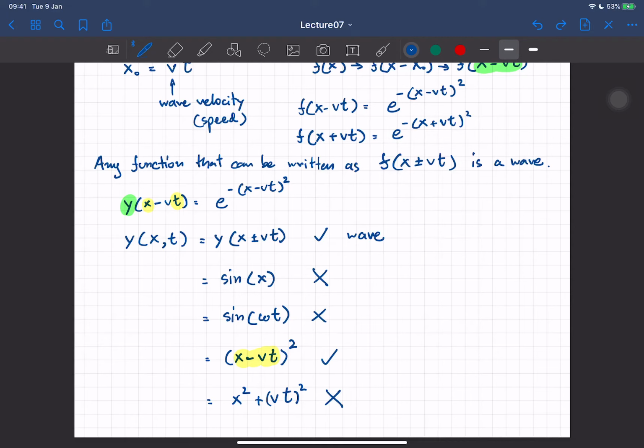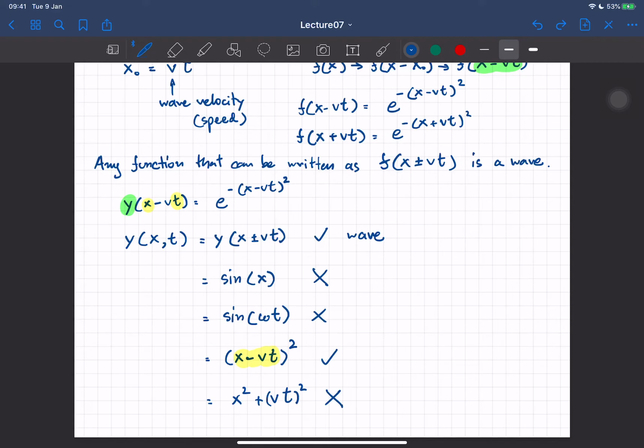So in general, anything that behaves or can be written like this is a wave, so there are infinite possibilities that you can write down. Of course we're not going to study every possible functional form of wave, because how can we have enough time to do everything? So we're going to pick the easiest form of wave to study. Just like for oscillation, the easiest we can study is the sine motion, the simple harmonic motion.